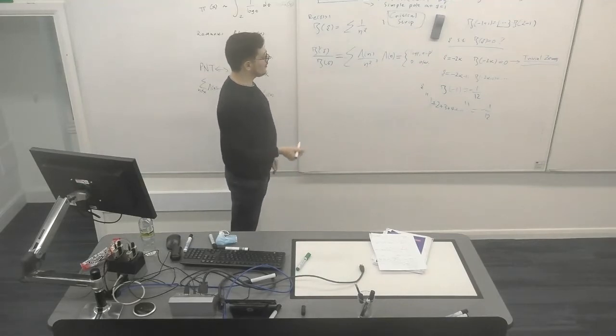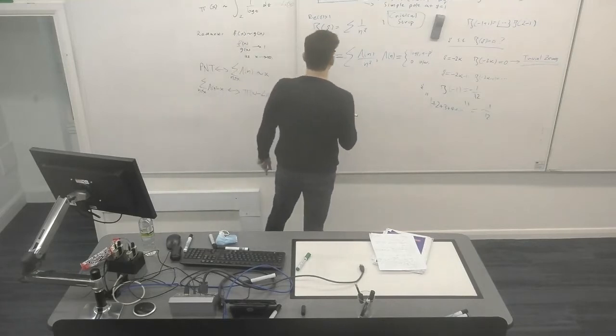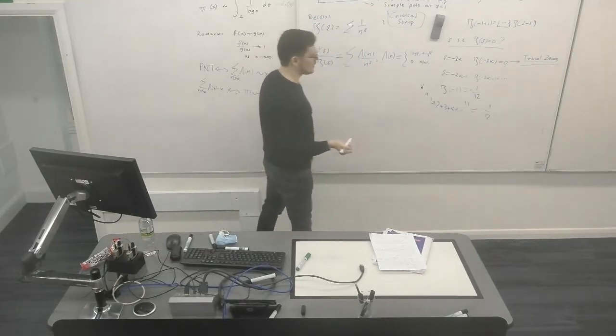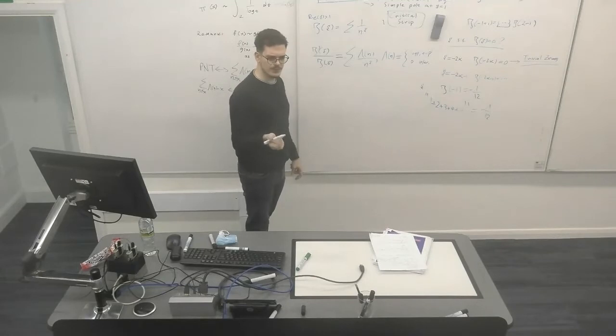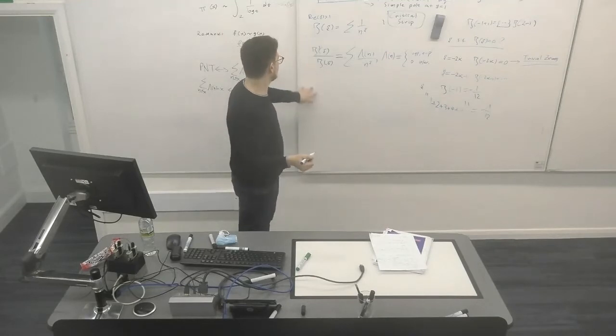So using some complex analysis, which again I'm not going to do, sorry, for people that are interested in the distribution of the prime numbers, you've probably seen the proof.